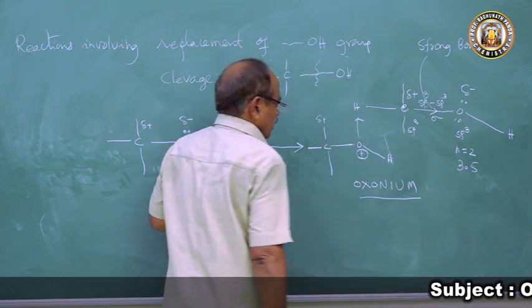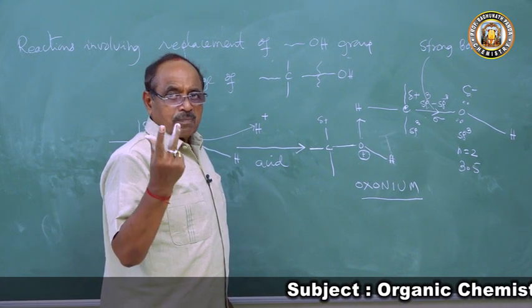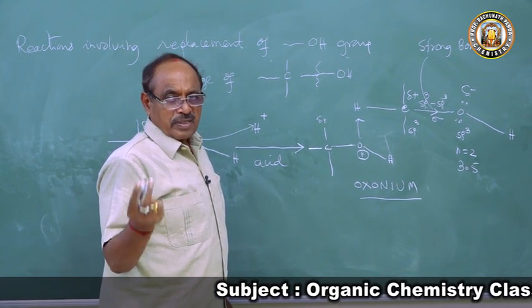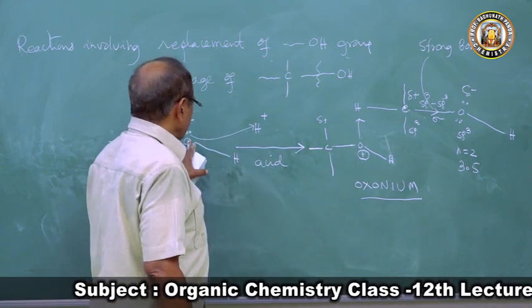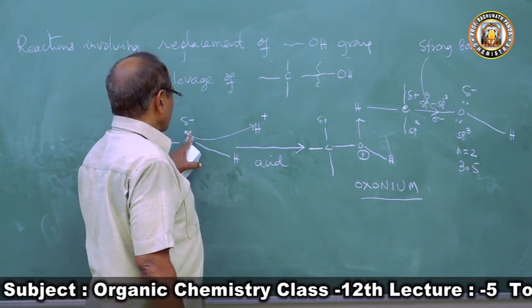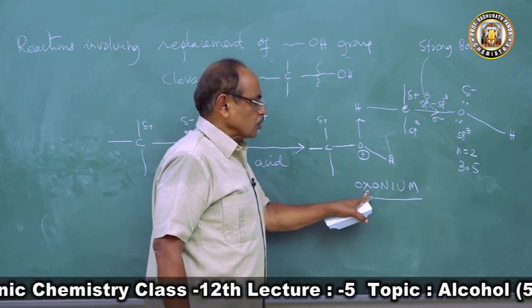The alcohol in presence of an acid, the proton supplied by the acid is attracted by the oxygen atom, by donation of a lone pair of electrons to it, and forms an oxonium ion.